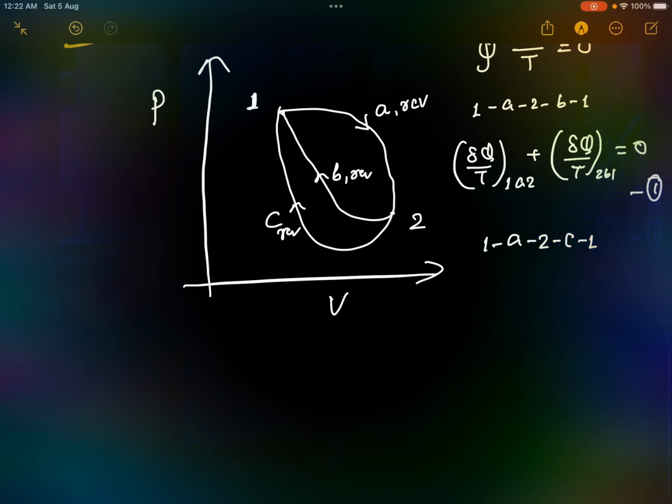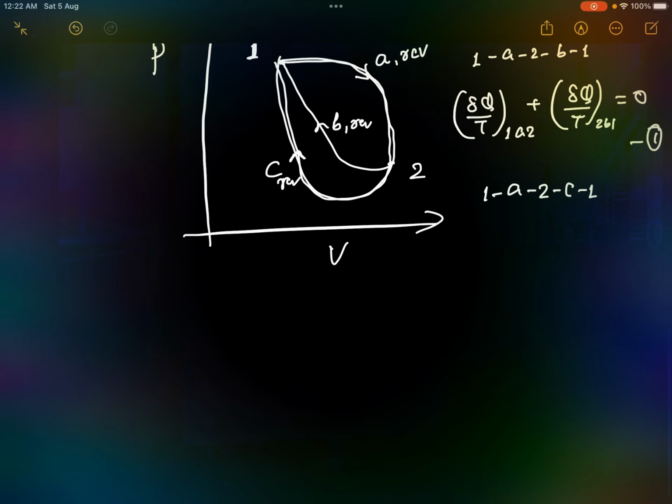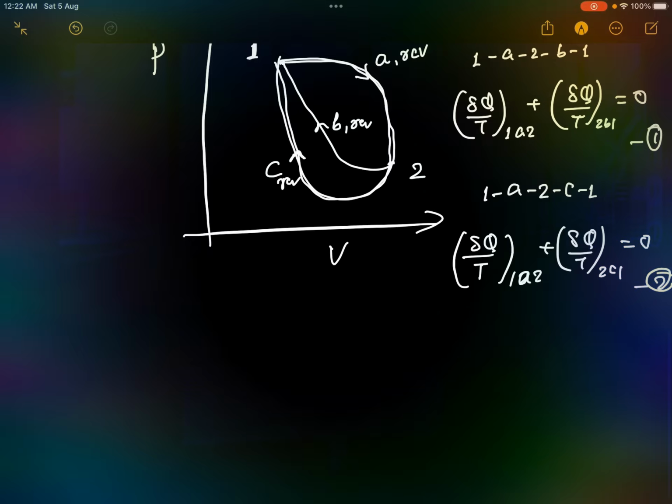Now let us write the equation for the second cycle, that is 1A2C1, which is from 1 to 2, then from 2 to 1 along the C path. So we can write del q upon T from 1A2, and then del q upon T from 2C1, which is equal to 0. Let's take it as equation 2.